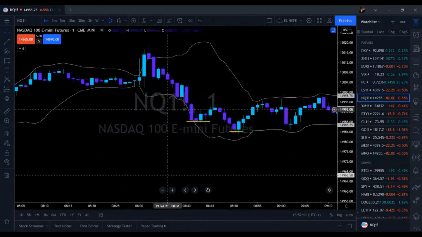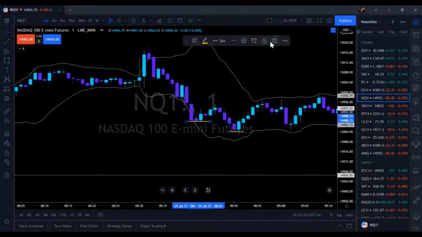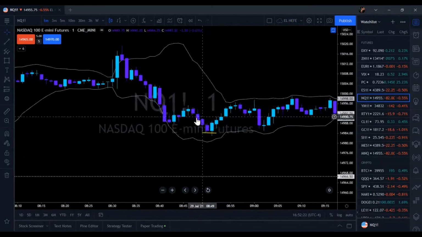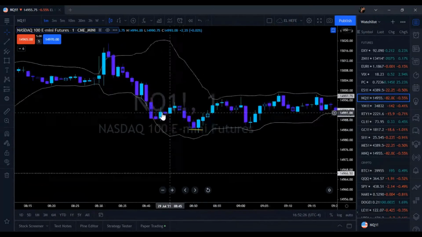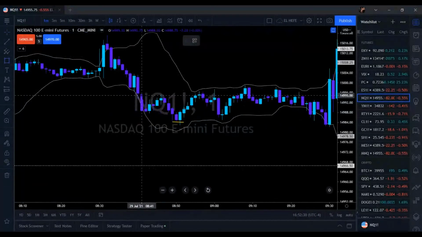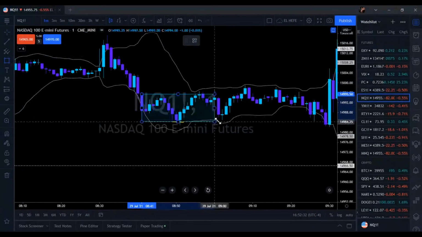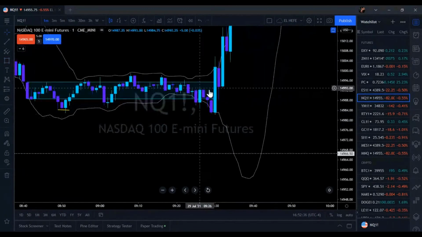This last bar before that actually punctured through the Bollinger Band, I'm going to take that bar, and that's going to be my pivot point. This is going to be my zone. So I could take this and put a box and embody that candle, just a candle.